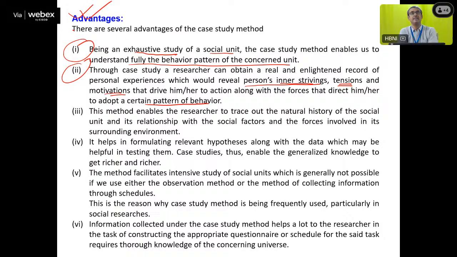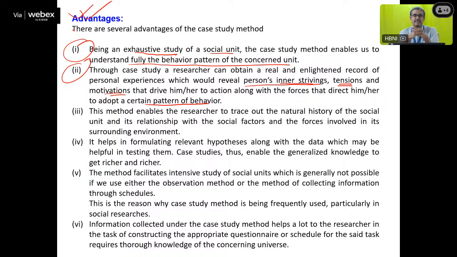So basically, when we consider the simplest form of unit, that is a person, a case study on an individual, right? You study the individual over time, and being an extensive study, you do a long time frame study on the individual's behavior pattern. You study the situations under which his behavior pattern changes. By that, what can you infer?